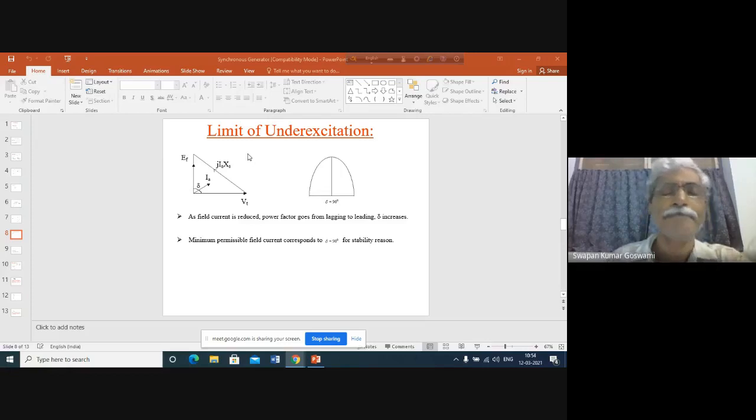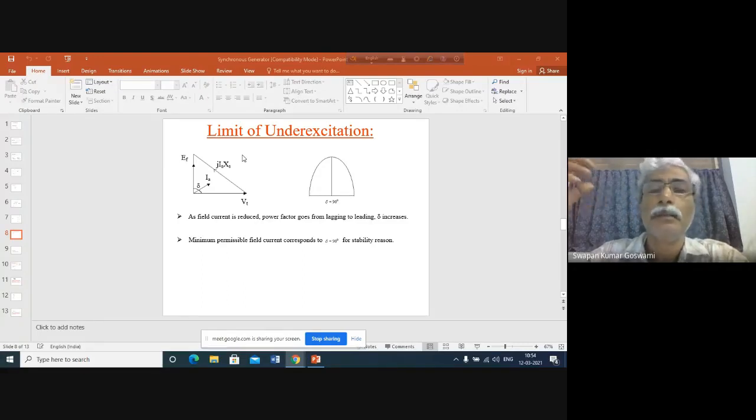You have seen that field current can be controlled. Field current may be controlled for controlling the reactive power generation, and an overexcited synchronous generator delivers reactive power. An underexcited synchronous generator receives reactive power from the system.